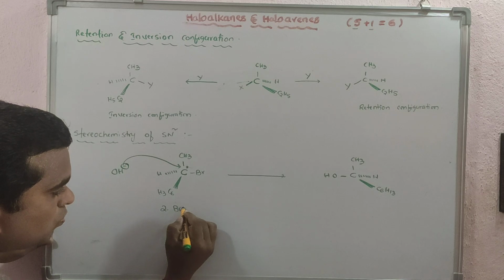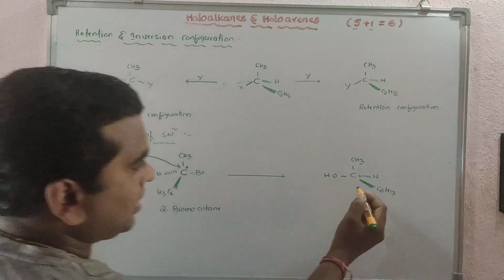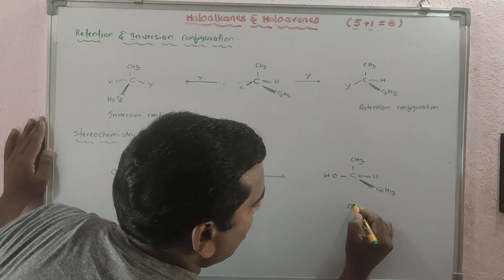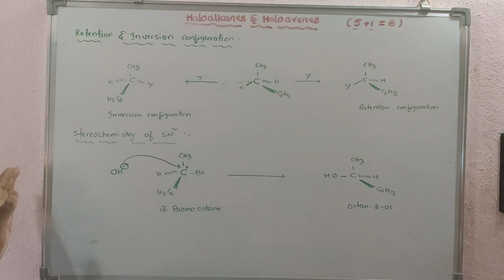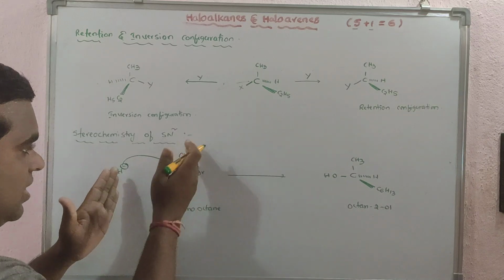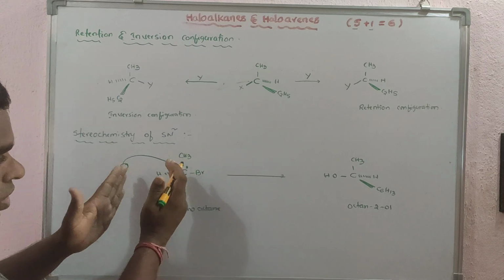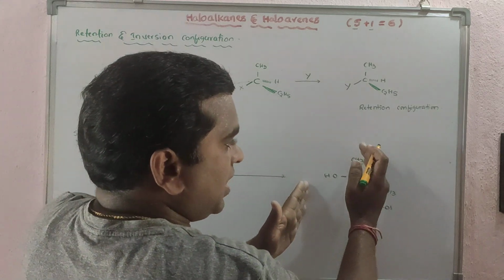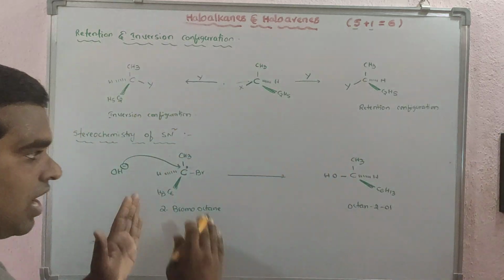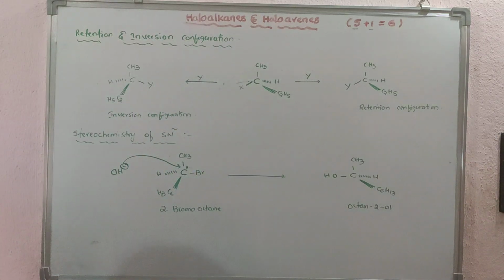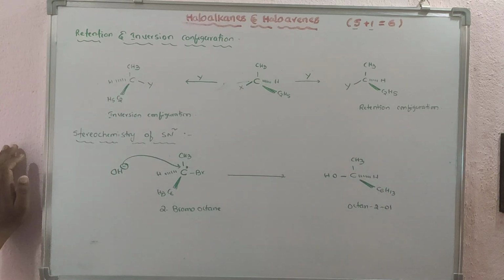And this compound is octan-2-ol. But you see the configuration here, CH3, H, C6H13 are on the right side, but in this compound they are on the other side. Configuration is inverted. Clear? This we call Walden inversion. We have already discussed.